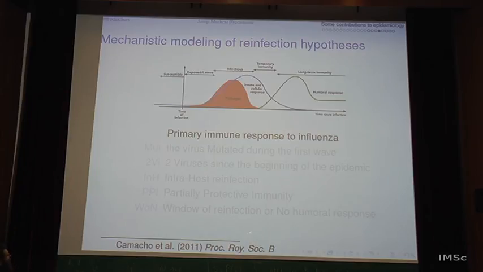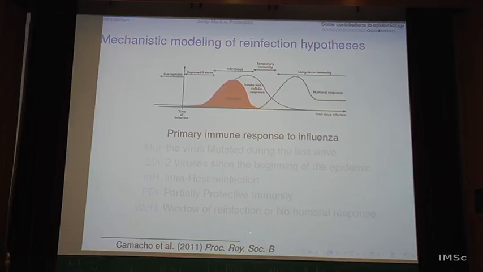So earlier I showed you a graph similar to that, where you have the exposed, infectious, and immune response. But actually, it's a bit more complicated for flu, because you have 2 types of immune response. The first one is the innate and cellular response, which is going to repress the viral load. But usually it takes some time before you develop a long-term immunity, which is antibody-mediated.